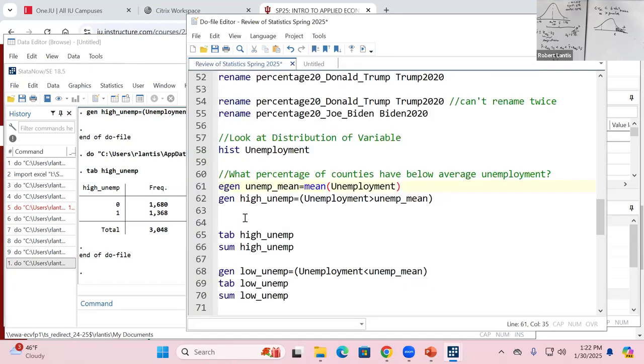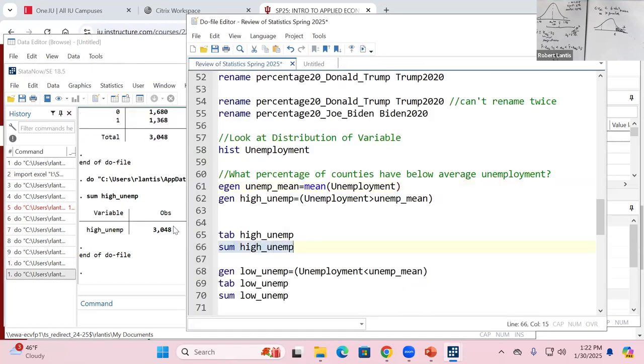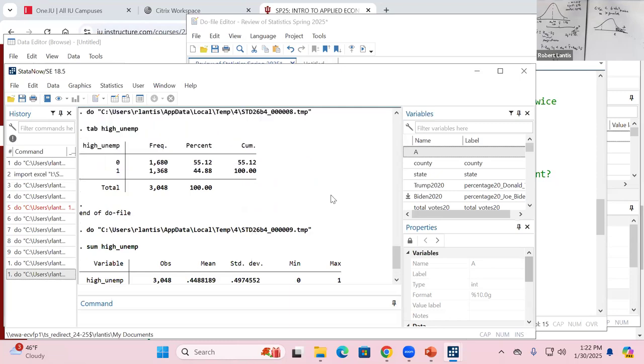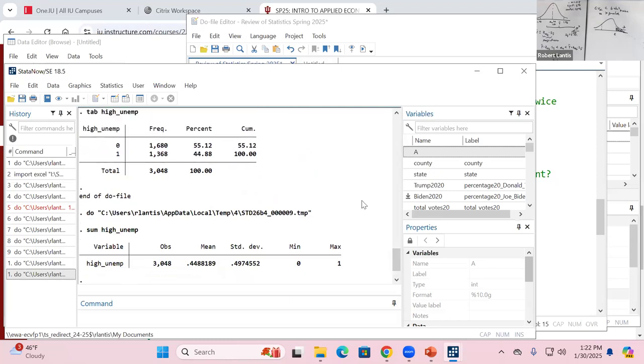Now, another way of doing this is if I have an indicator variable, I can also use the sum command. Now, it tells me the same information kind of in a slightly different way. So if I just have a 1, 0 variable, when I calculate the mean, what am I doing? Adding up the value for every observation. So what would my numerator actually be? Well, every time there's a county with above average unemployment, that's a 1. Every time it doesn't, there's a 0. So my numerator would represent what?